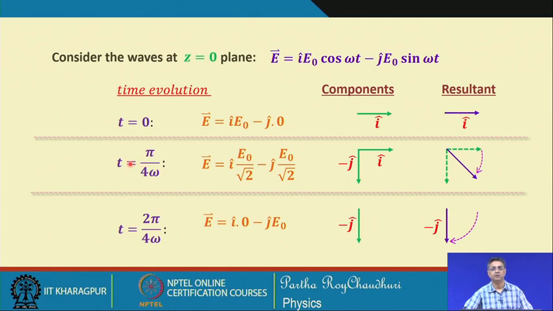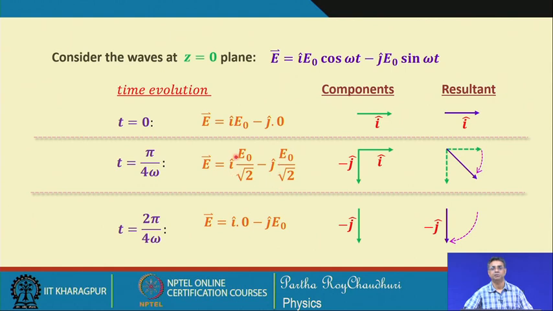But if you consider the time t equal to π/(4ω), then E equals i E0 by root 2 for this cos ωt. Cos ωt will now correspond to 45 degrees, and j, this will also give you this 45 degrees.